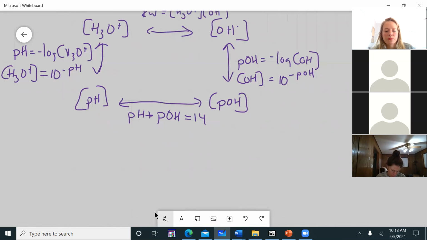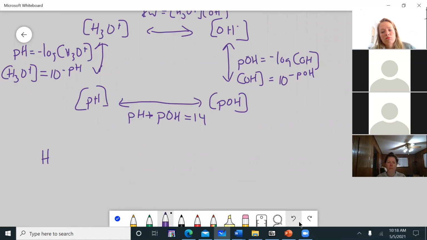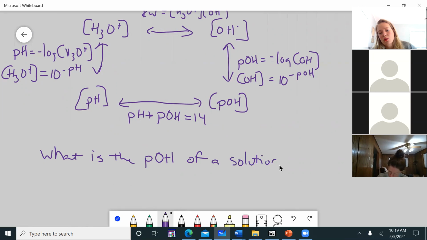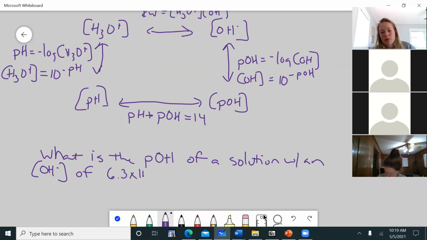So let's say, okay, what is the pOH of a solution with an OH concentration of 6.3 times 10 to the negative 5 molar?